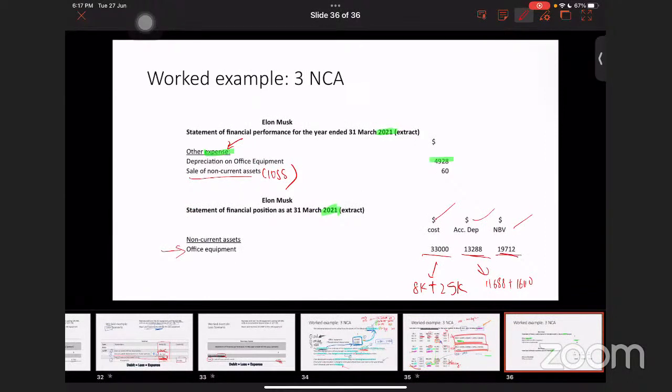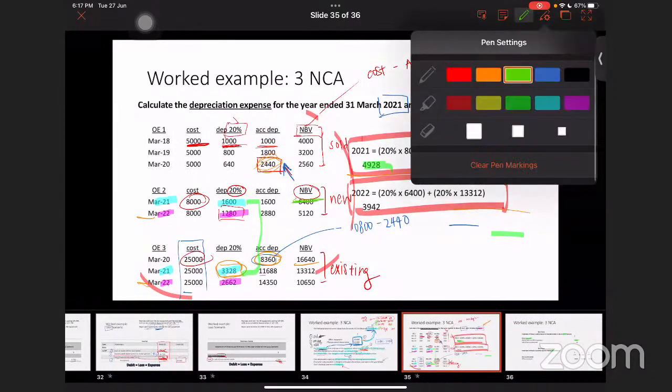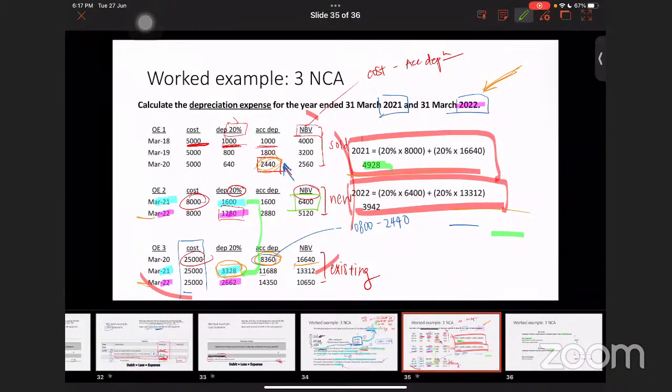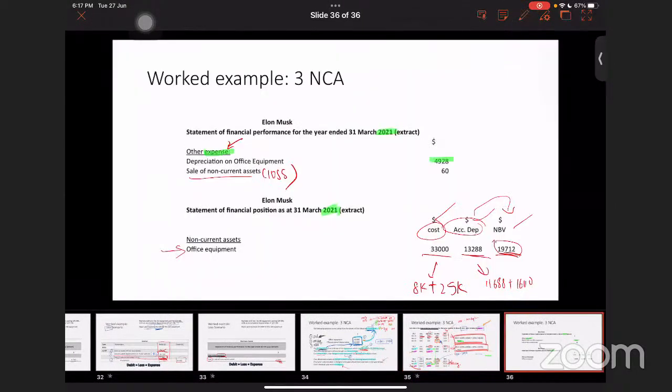Okay, then my NBV will be the same thing, cost minus accumulated depreciation, I will get this. So another way, you can also just add from here. If you want, you can just add from here also. You can add from here as well. You can add this and this together. So the figure will be the same. You will all tie up together. Okay, so that will be all for this chapter.